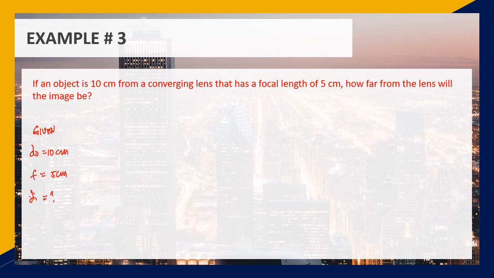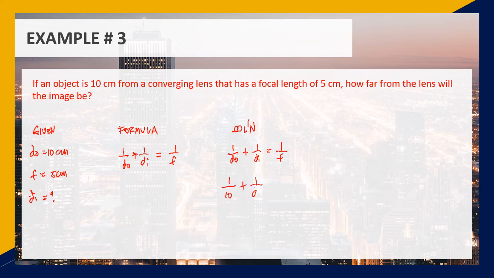Okay? So formula: 1 over do plus 1 over di is equal to 1 over f. Then solution. So 1 over do plus 1 over di is equal to 1 over f. So 1 over the distance of the object, given as 10, plus 1 over di, which is unknown, is equal to 1 over f, which is 5.